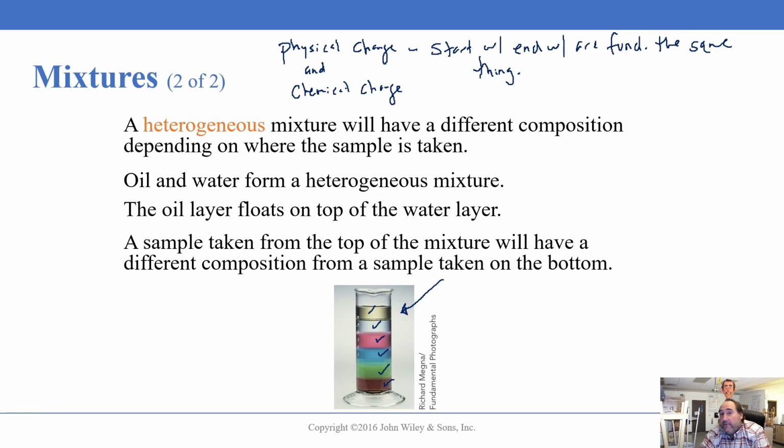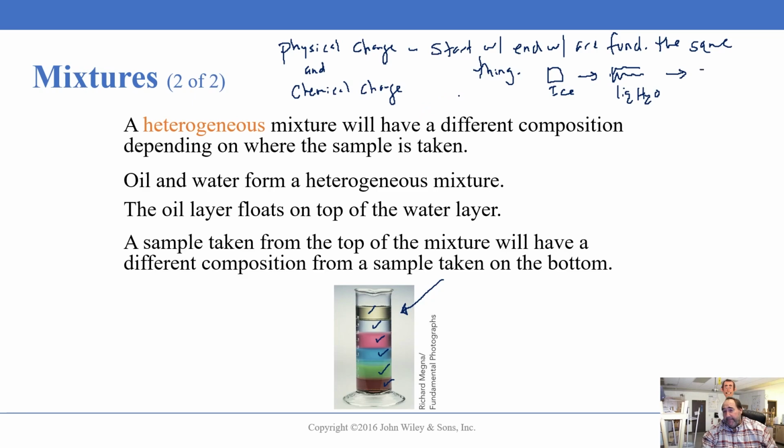These are physical properties of matter. And when something goes through a physical change, what you start with and what you end up with are the same thing.